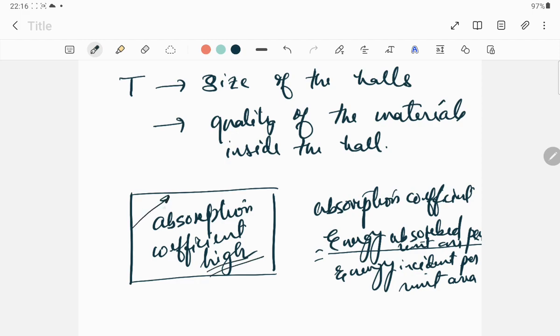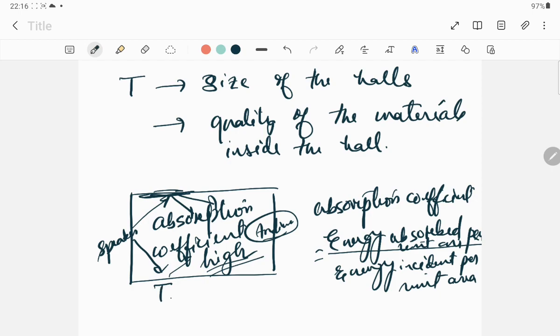Whenever a speaker is emitting some sound, it will be absorbed quickly. We have the audience here, and here we have the speaker. So if absorption is high, the sound will be absorbed very quickly and will die very quickly. It will not have that much multiple reflection.